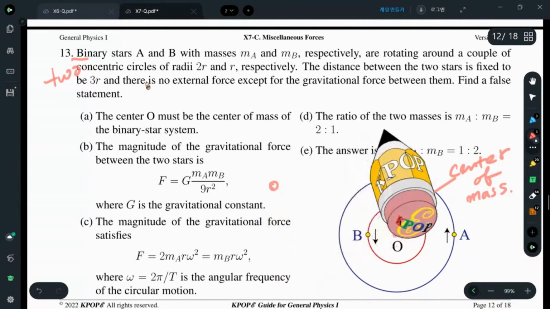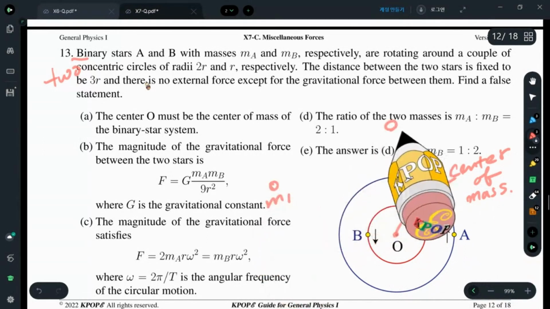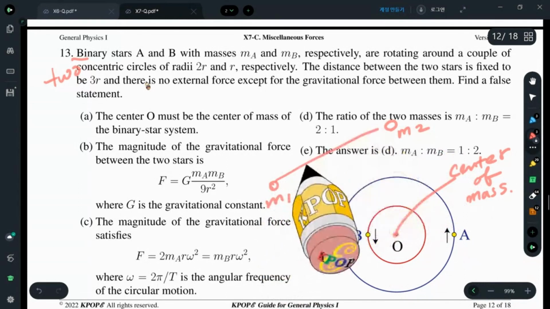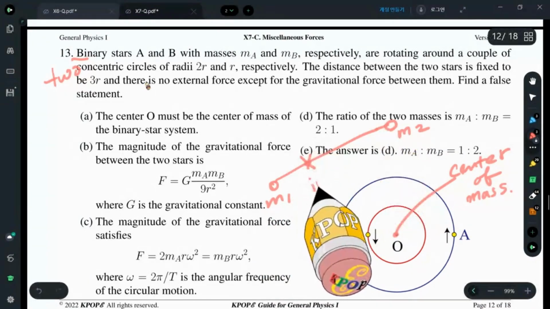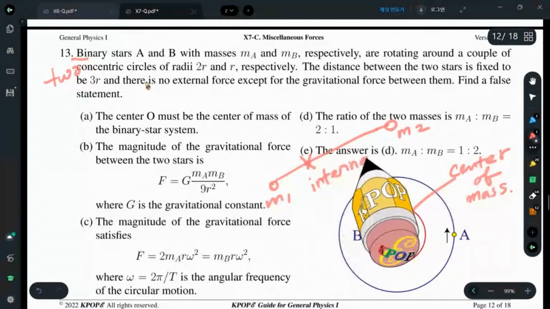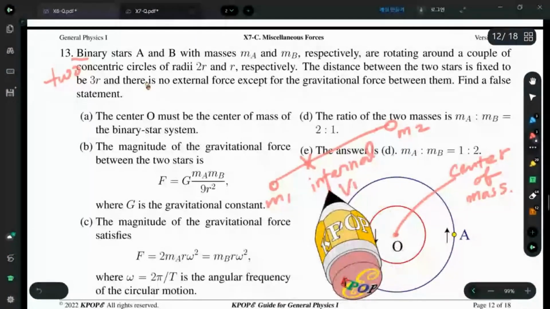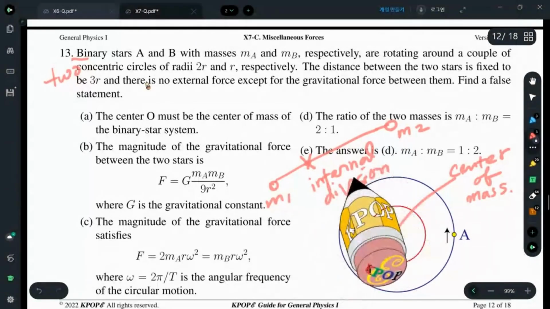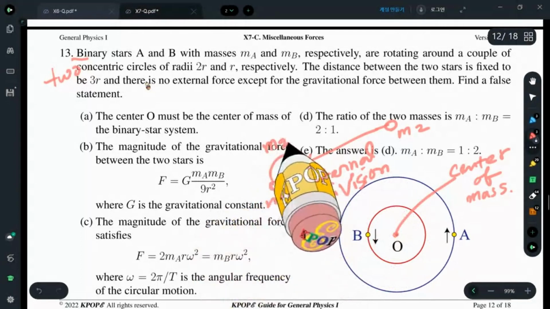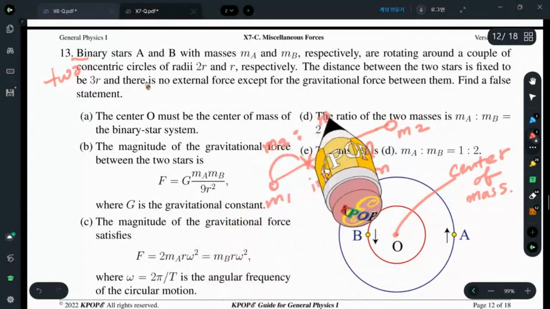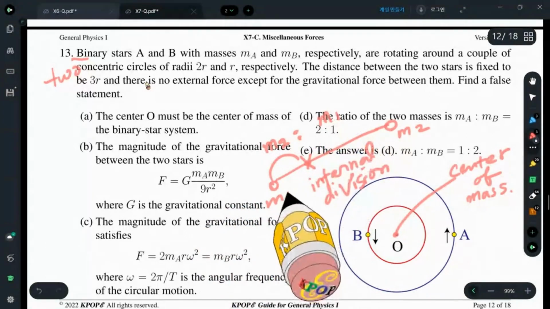The center of mass of a two-body system with M1 and M2 is what we learned from elementary school, the point of internal division with the ratio upside down, M2 to M1.